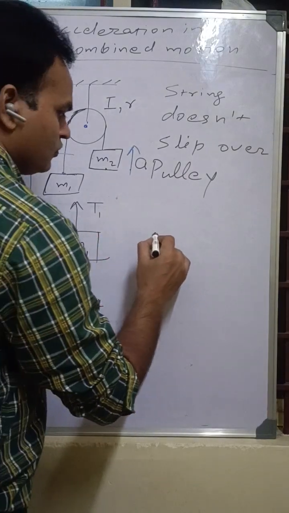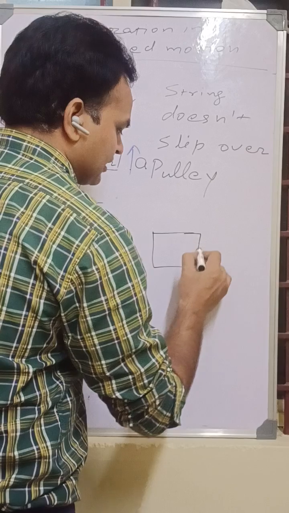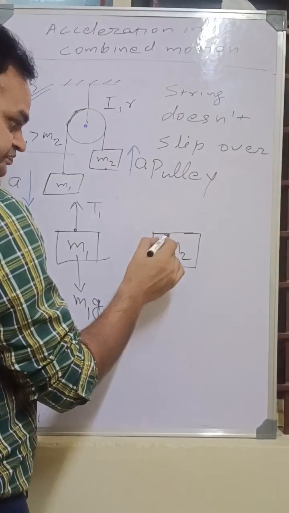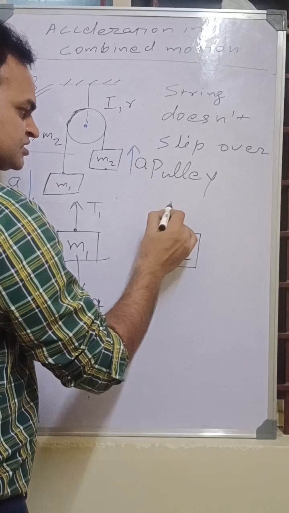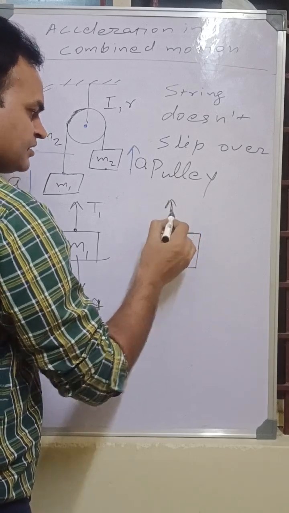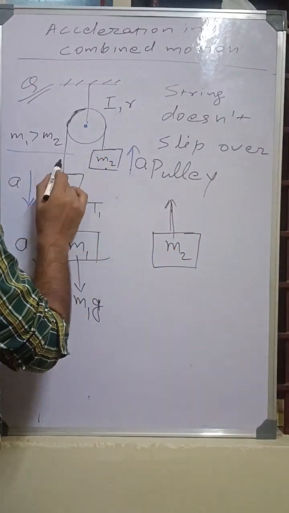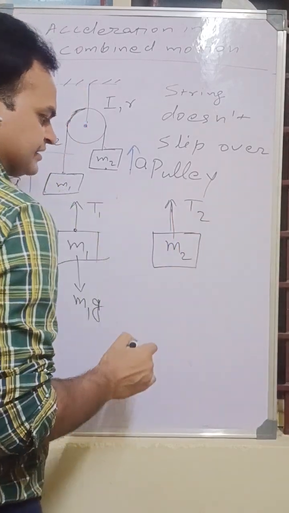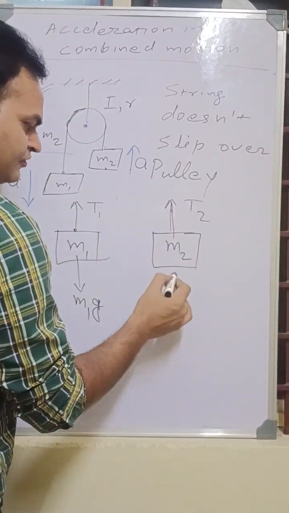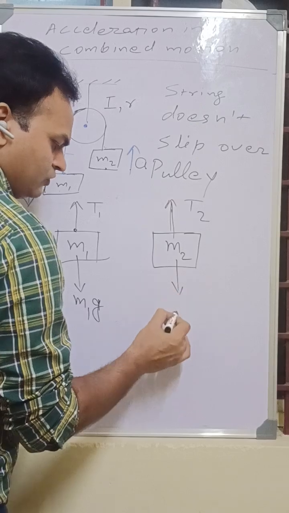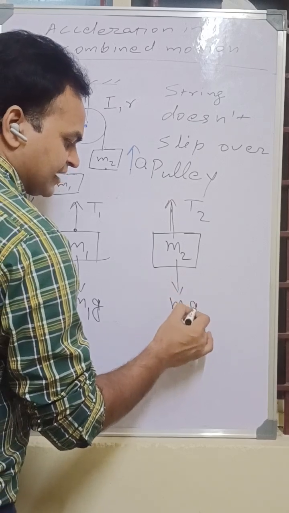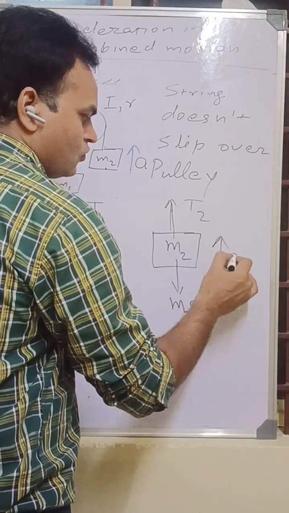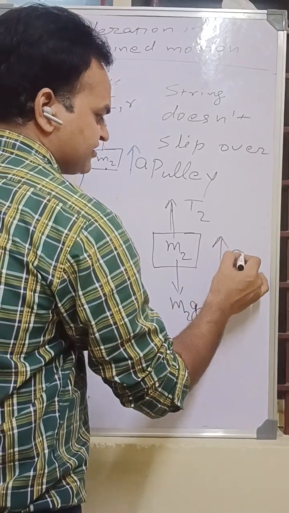Now look at the free body diagram of m2. As m2 is attached to a string, tension will act, and this tension will not be the same, remember. So here T2 will act, and again the weight m2g will act vertically downward, and this mass m2 will go upward with acceleration a.